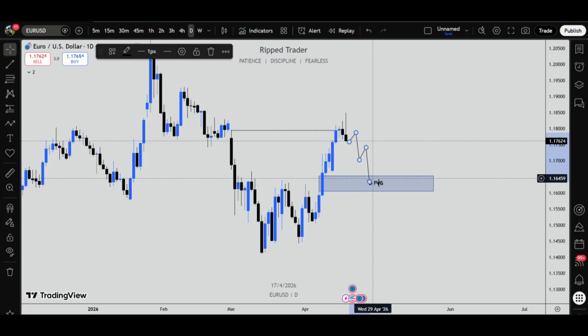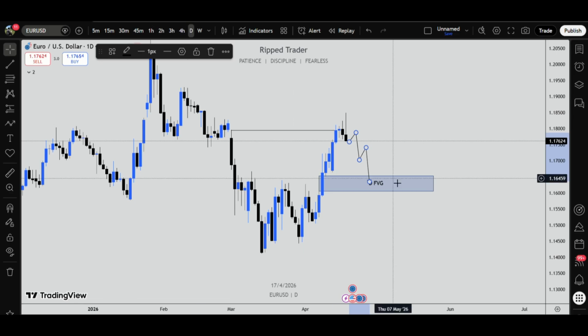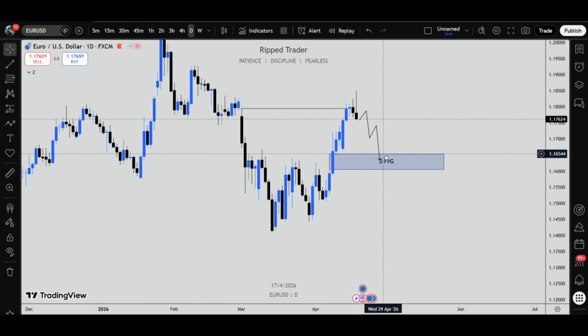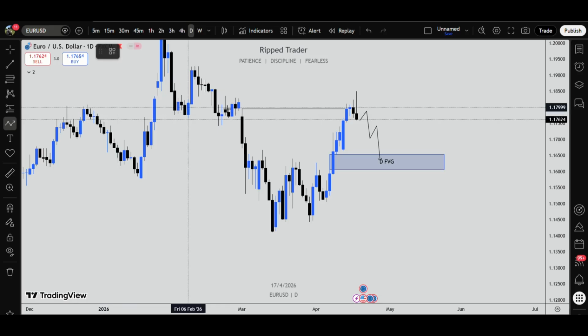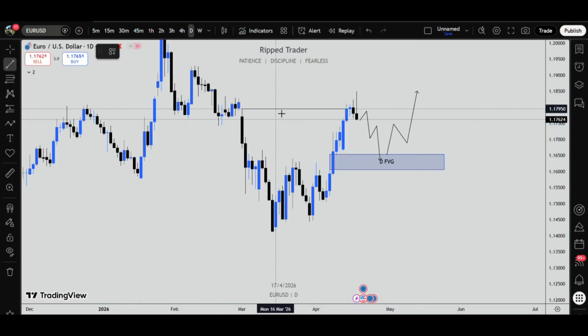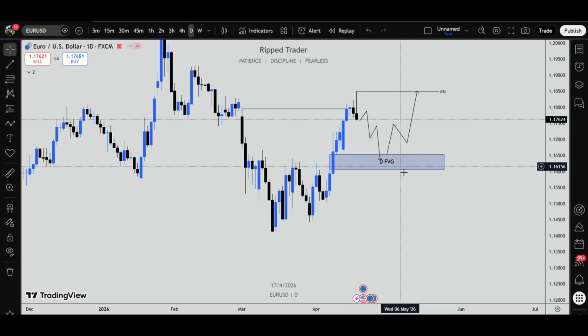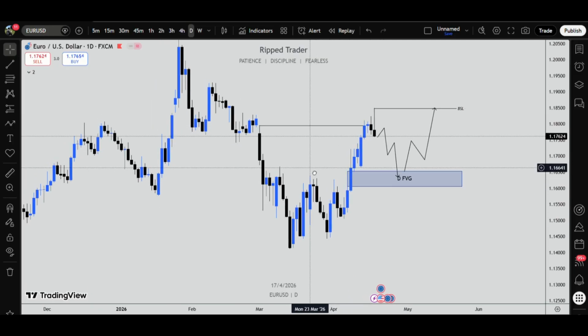After dropping down to this key level, I will be looking for potential long trades, targeting the liquidity which is resting overhead. This will be the buy side liquidity we're chasing for this week. You see, the charts are clear.